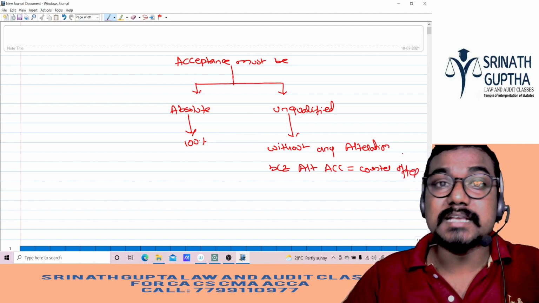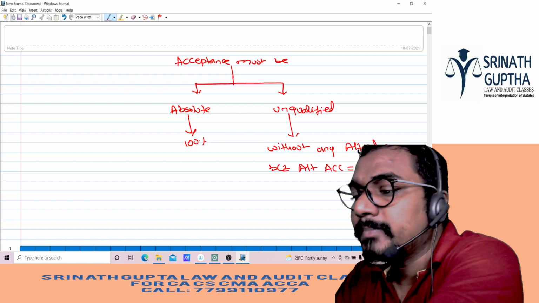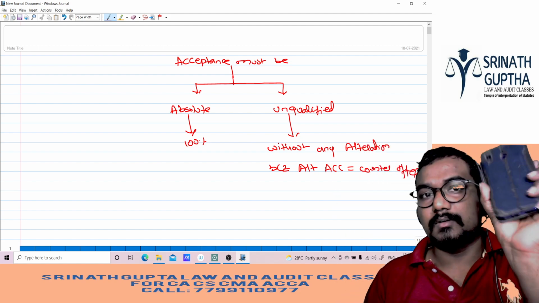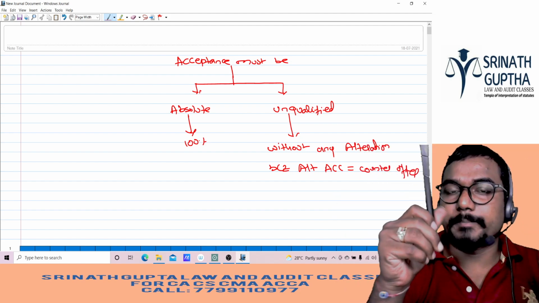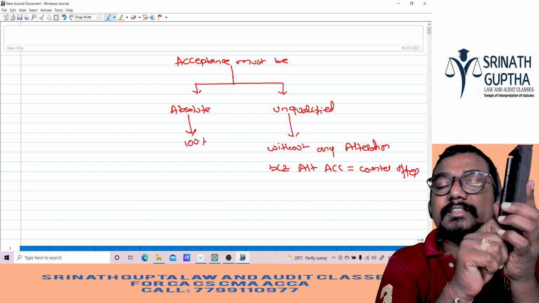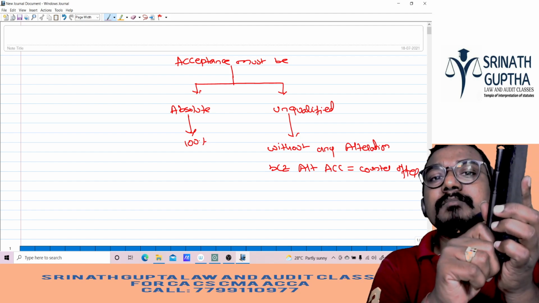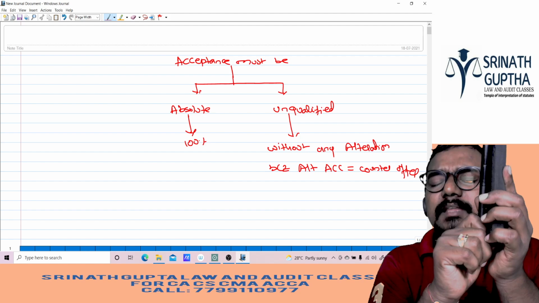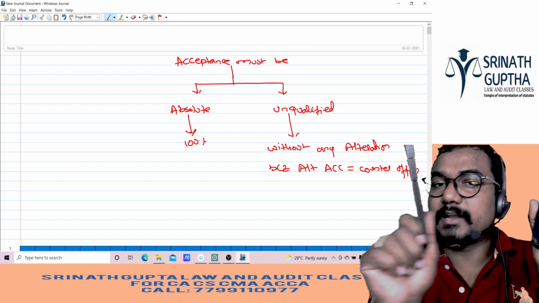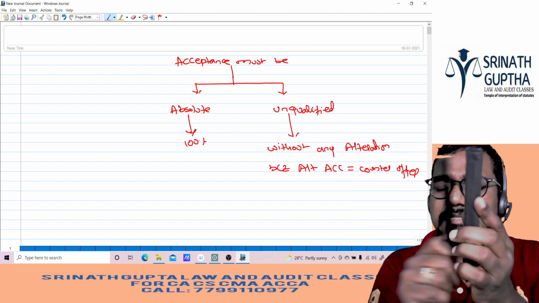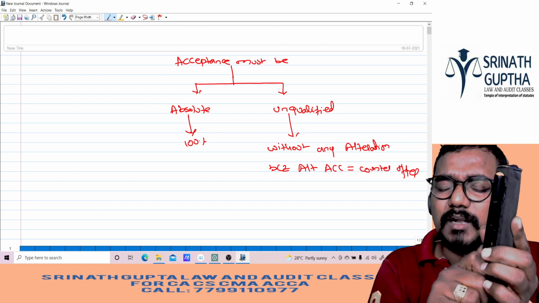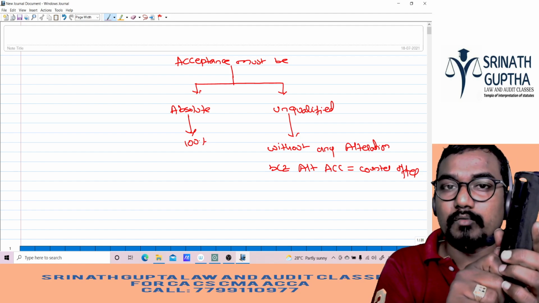Offer must be accepted as it is. For example, beta, a mobile worth 10,000 rupees and a pen worth 100 rupees. I am offering these two things to Rohit for 10,100 rupees. Rohit can say, yes sir, I want. Rohit can say, no sir, I don't want.